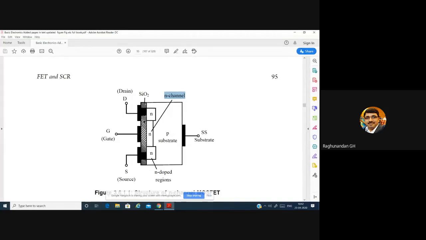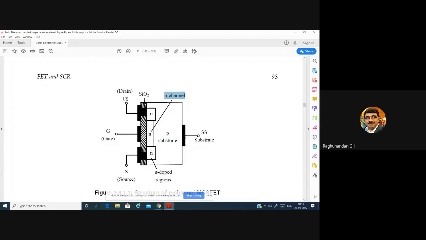Between these two, there is an insulating layer. So this metallic contact is not in contact with this N channel, but this source is in contact with this metallic contact. This drain is in contact with this metallic contact. And this is our SiO2 layer. And we take this as the source, this as the gate, and this as the drain.